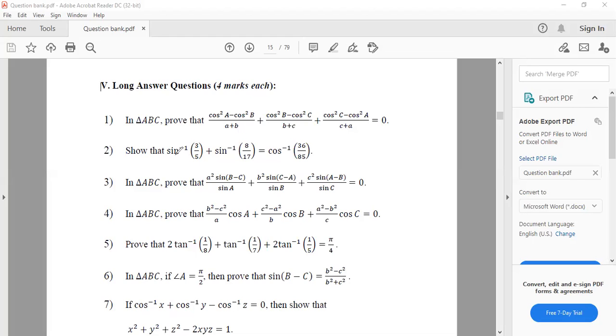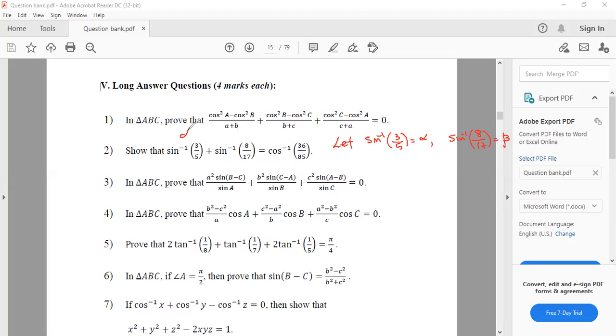We'll write the solution once. You will start with: let alpha be sine inverse of 3 by 5. I'm showing you this not because you don't know, but so that you don't make any mistake in the solution. First, you will call them alpha and beta.